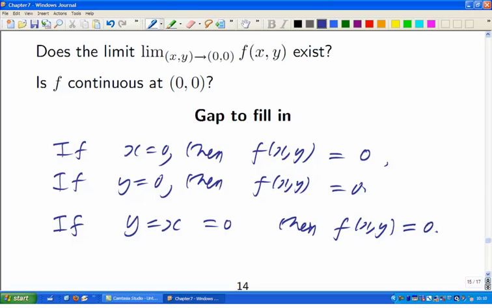If y equals x equals 0, then f of xy is 0 because that was the definition of the function. This is the example at the beginning of section 7.3 for those who've just come in.